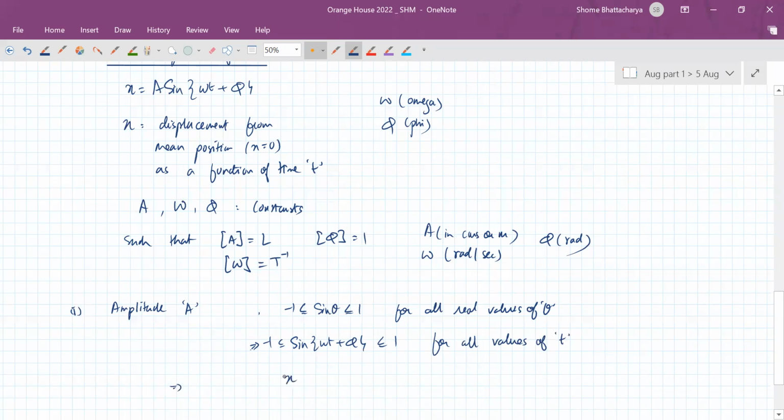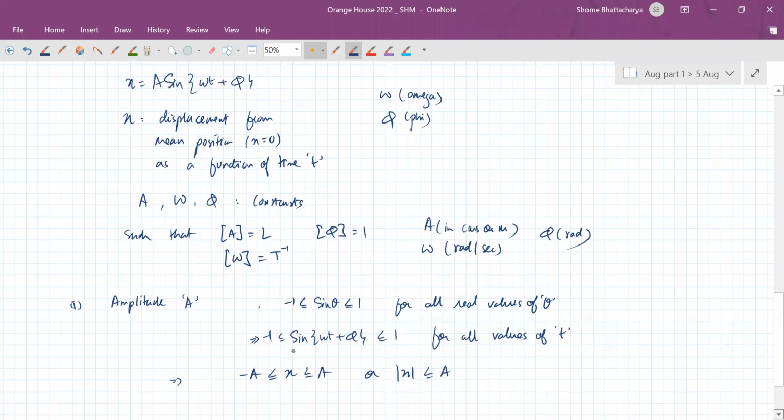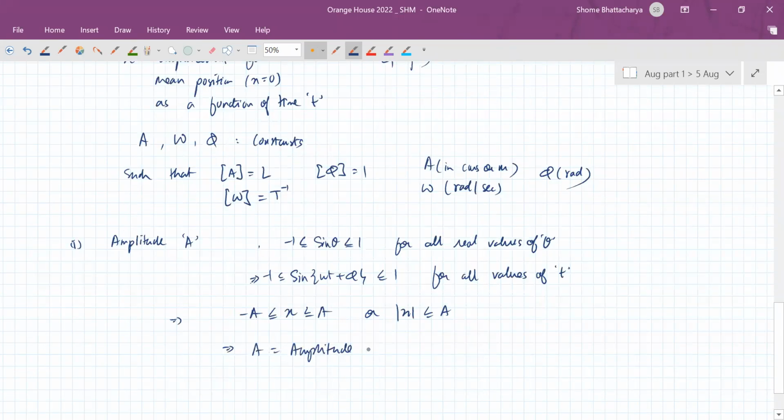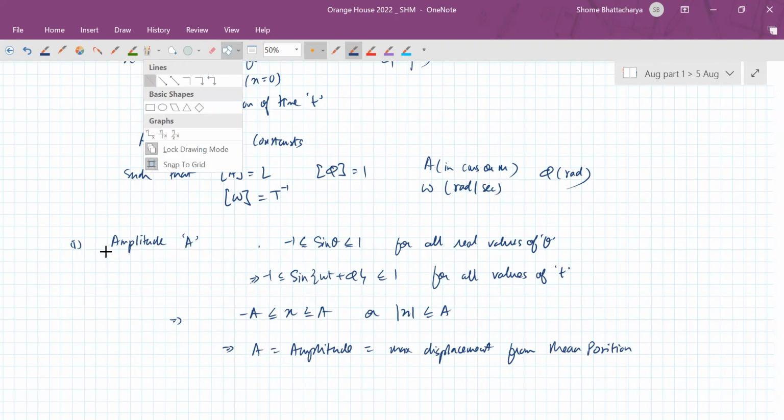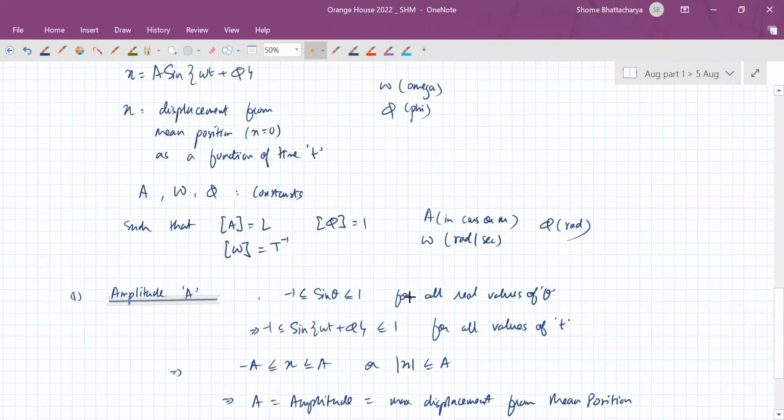So therefore, x ranges between -A and +A, or mod x is always less than or equal to A. So that is why the quantity A is called the amplitude, equal to the maximum displacement from the mean position. Right? So that is the definition of the quantity capital A in the general equation of SHM, which you have seen above.